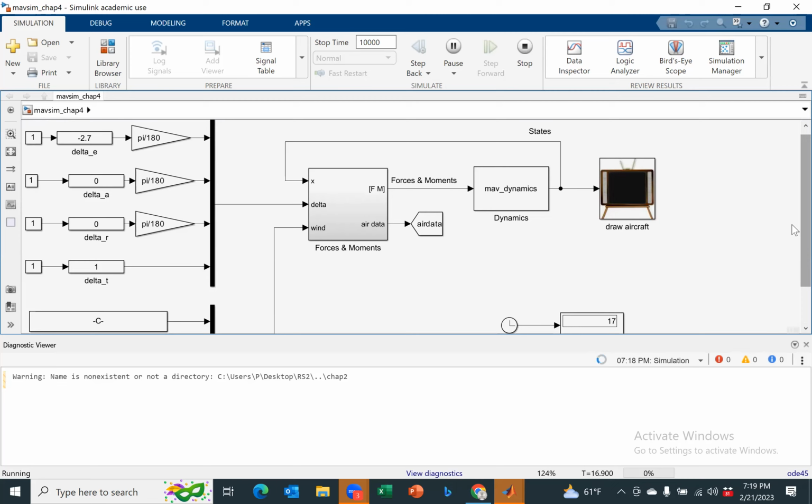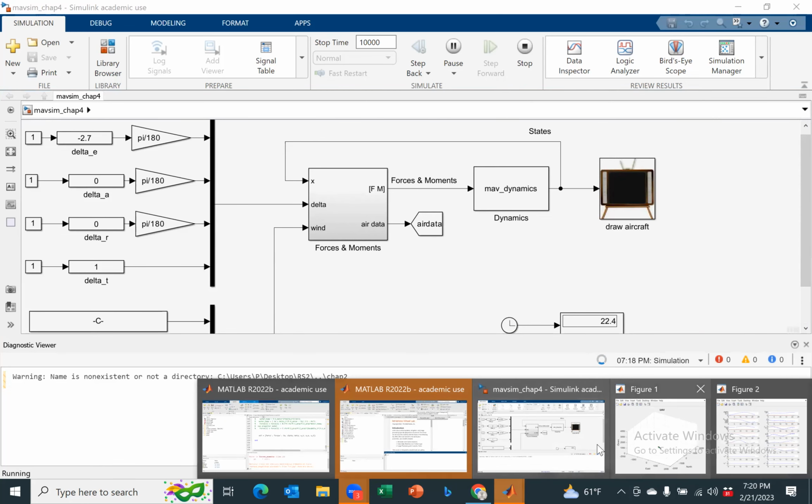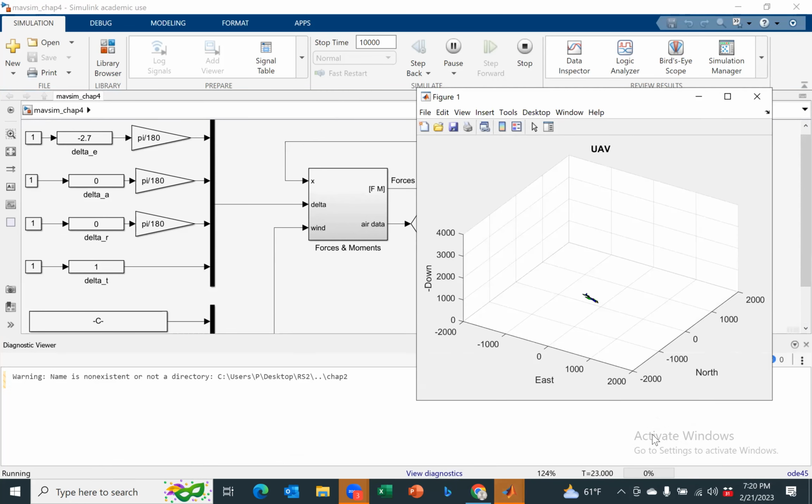Try with this: minus 2.700 and then add delta t equal to 1. It is full throttle. And see how your aircraft is flying. See, now my aircraft started dipping down and doing crazy maneuvers.